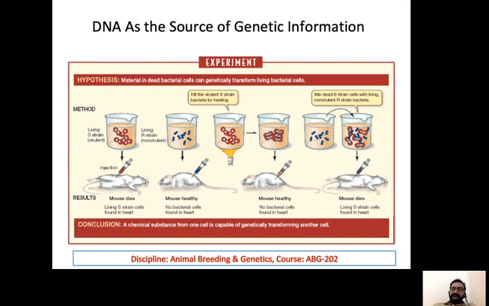And as the S strain was dead and it was mixed with the live non-virulent strain, the expected result should be the survival of the mouse. But the mouse in fact died. So that indicated there must be some material that survives even after the death of the strain and resulted into the disease or the death in the mouse. And that material seems to be the DNA.